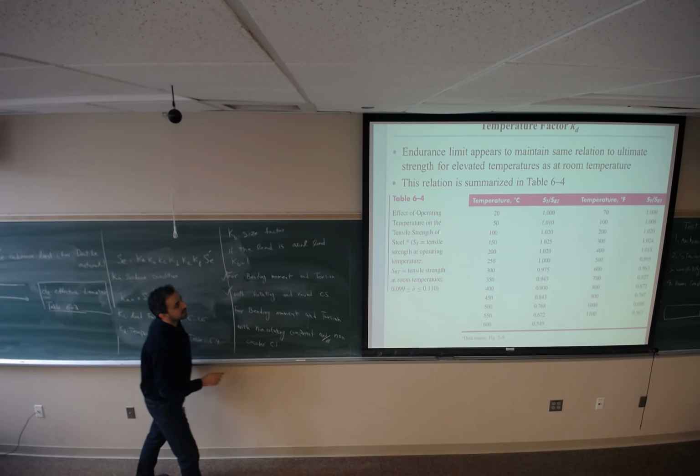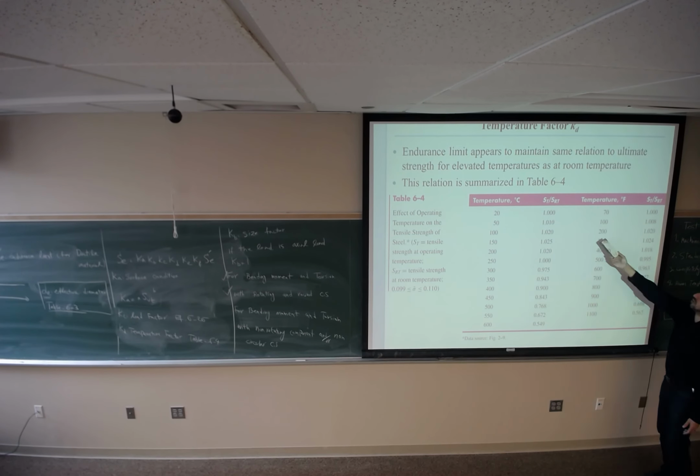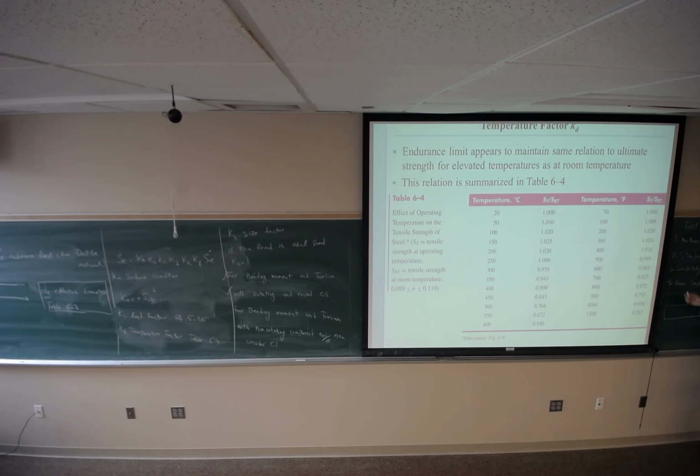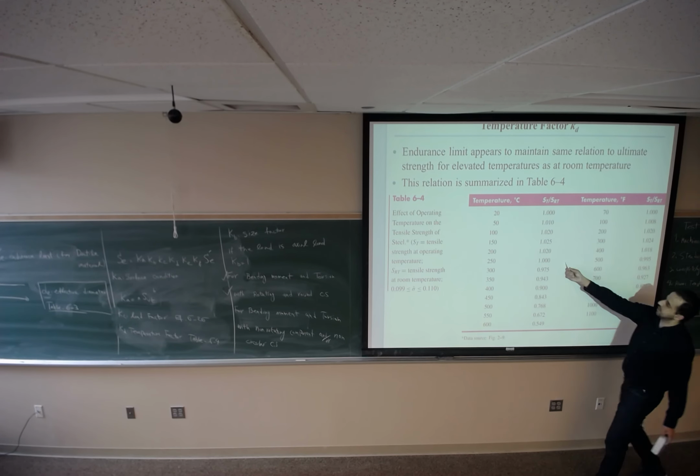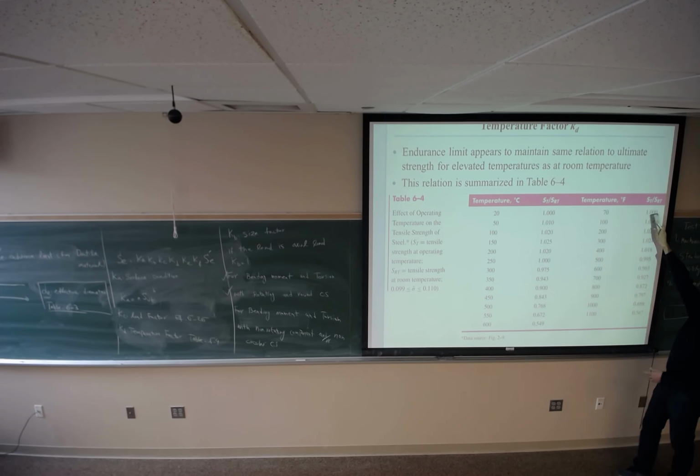Read the temperature. The working temperature is 100 centigrade or 200 Fahrenheit. Then read this column: 1.020. Or if it's working at 500, it's 0.995. At room temperature, which is 70 Fahrenheit, it's going to be 1.